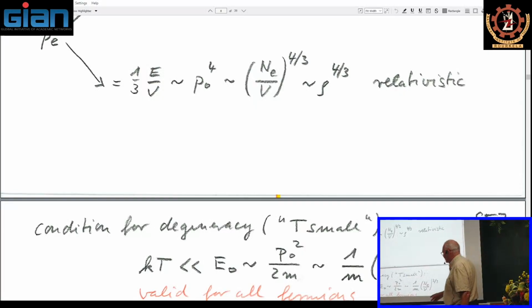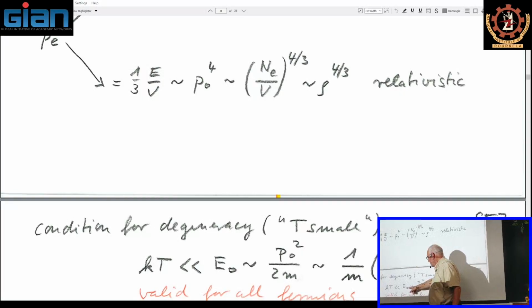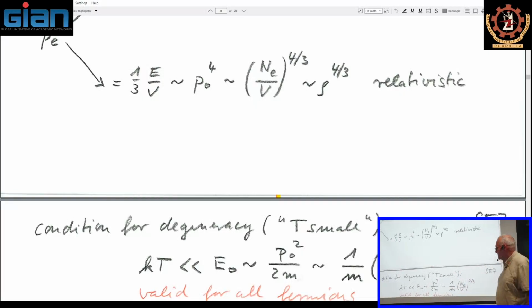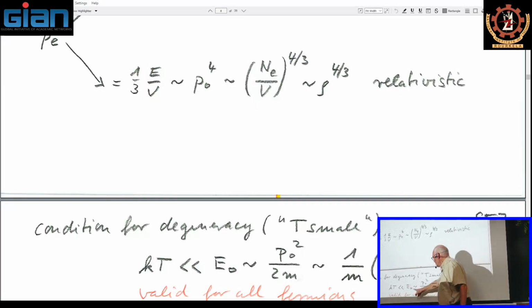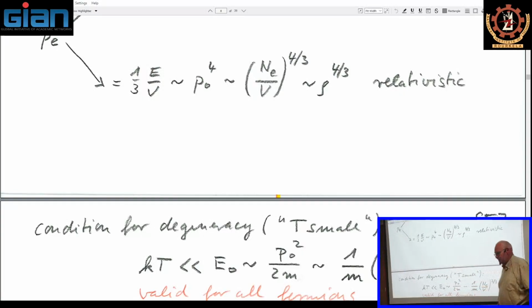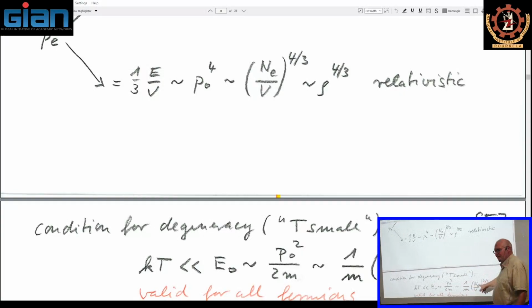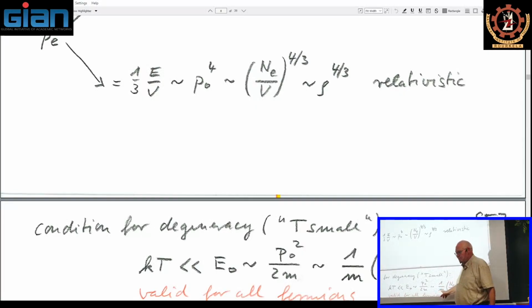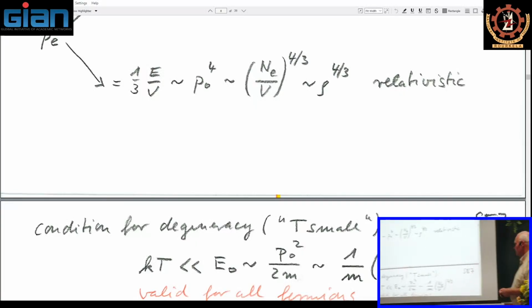Well, taking the case that the particles are described as classical, non-relativistic particles, this maximum energy is related to the maximum momentum by p0 squared over 2m, where m is the mass of the particle. Now, if we insert again the relation between maximum momentum and the number density, kT has to be smaller than 1 over m, the mass of the particle, times the density of our electrons to the power 2/3.